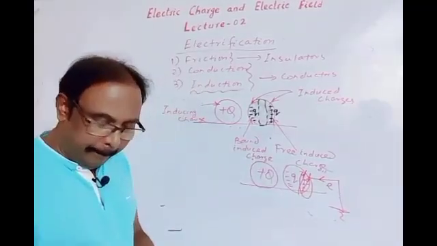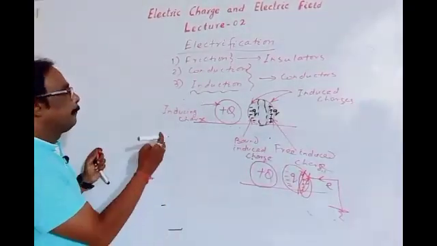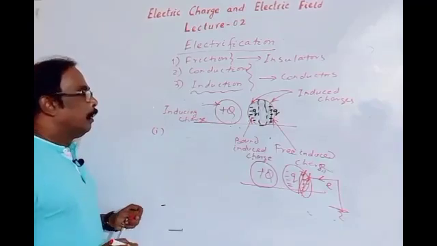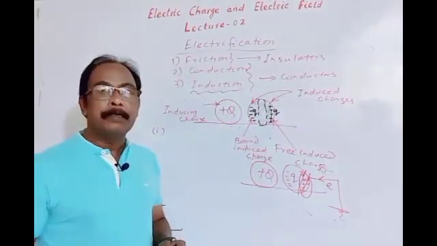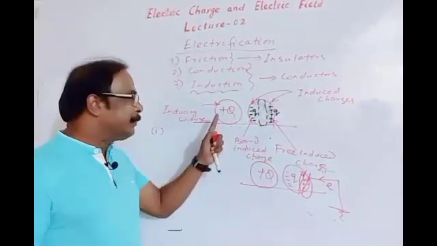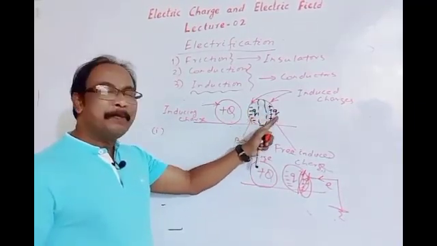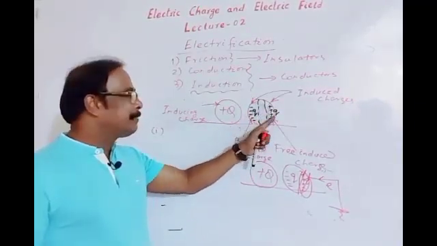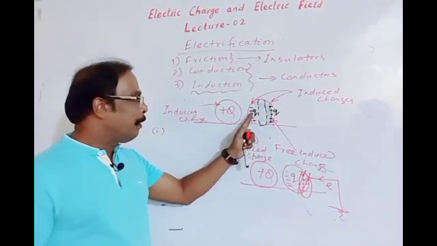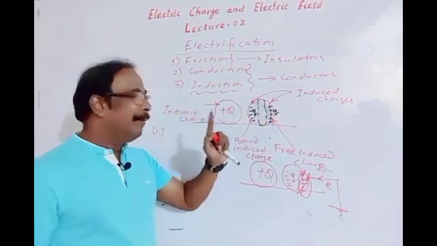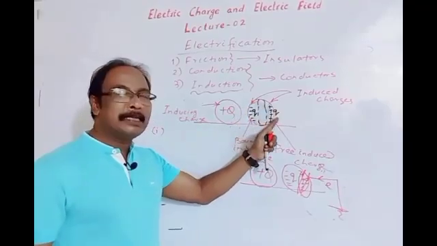Okay. Then some points. I will discuss some points and I will write some points. Due to induction, two types of charges, positive and negative charges, are developed at the near end and the far end. These charges are induced charges.